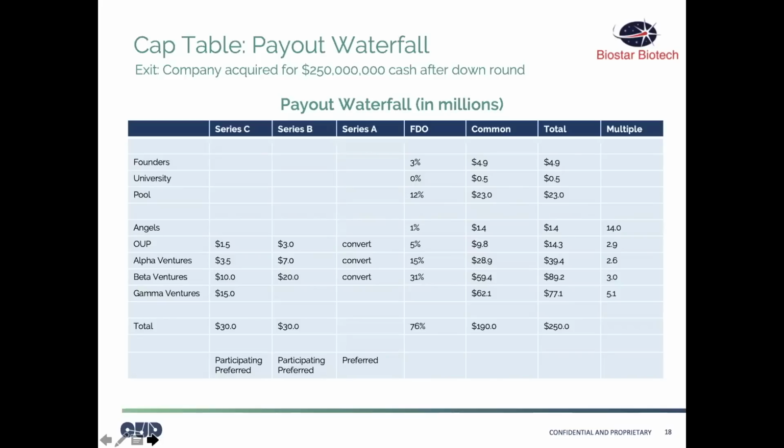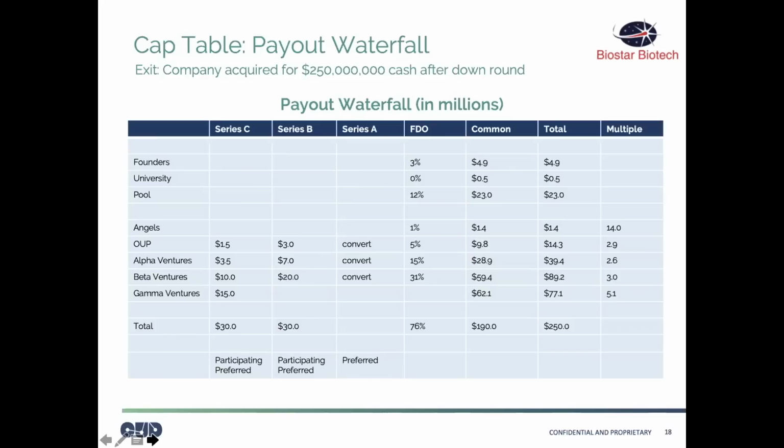So looking at what the implications are here, you can see that the investors have the ability to continue to buy their way out in future rounds. The most recent investor obviously does best, and then the common shareholders are kind of at the mercy of what's happening above them in the cap structure.